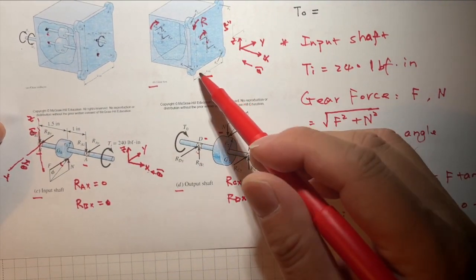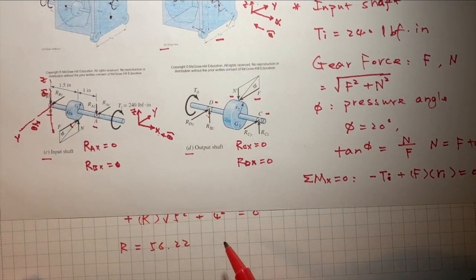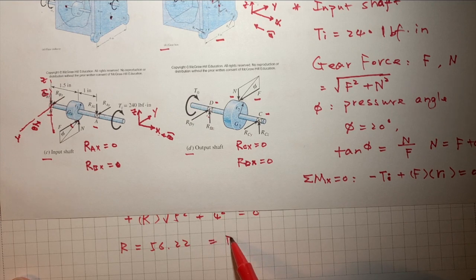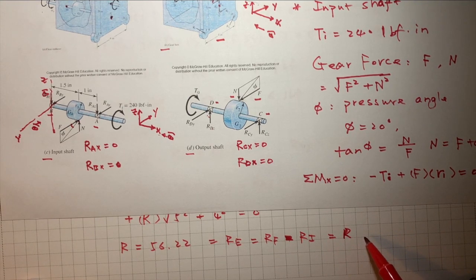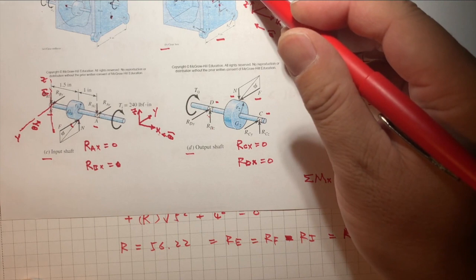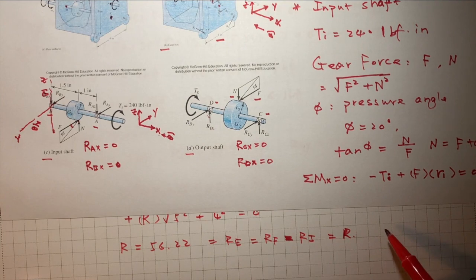Right. So here we just make an assumption that all the R's are equal. Right. So we have R. So we have RE equals RF equals RI equals RA, RH equals R. Right?